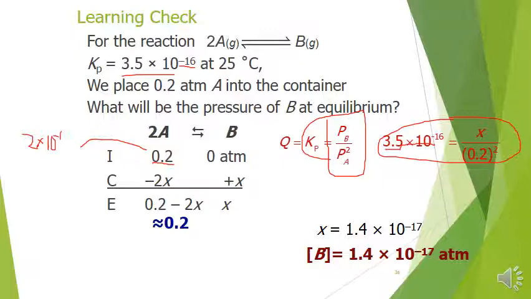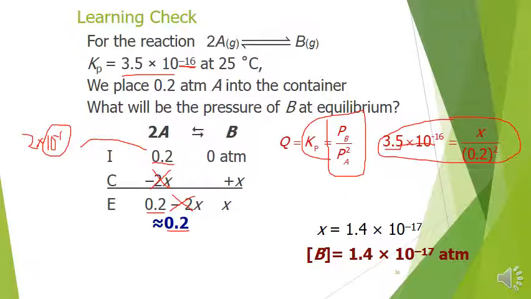It's going to change by minus 2x, but I want to see if I need to include that in my problem solving here. So look at this: is 10 to the minus first 100 times greater than 10 to the minus 16th? Yes. So I can actually just remove that. So my final concentration of A is simply going to be 0.2.